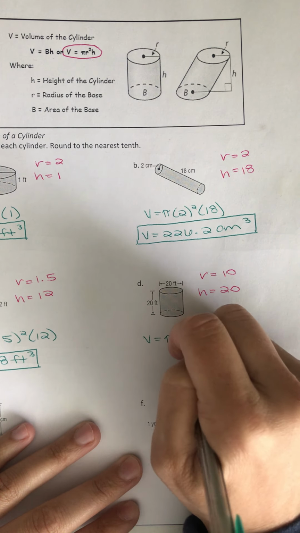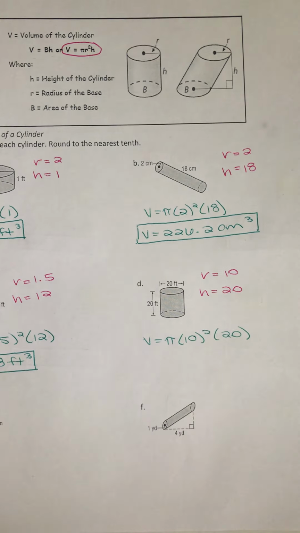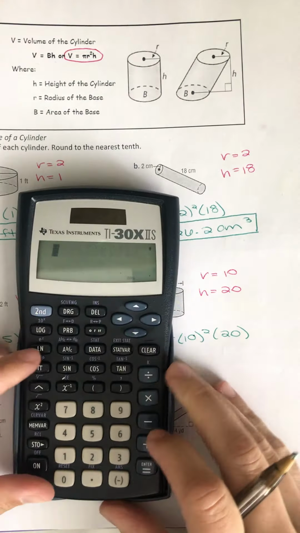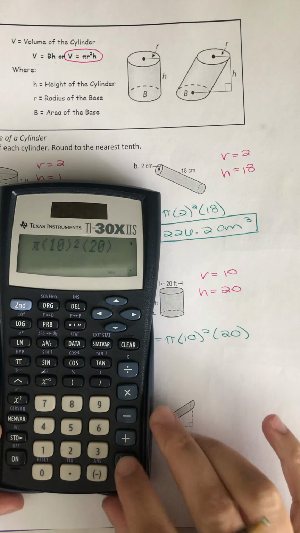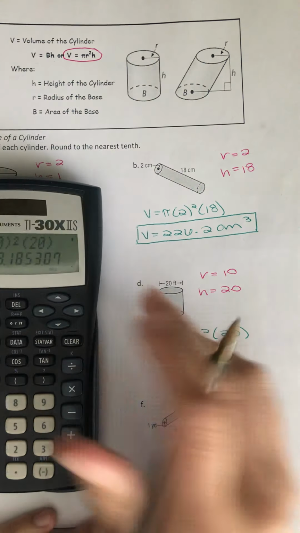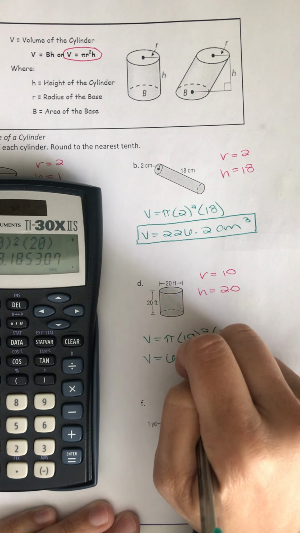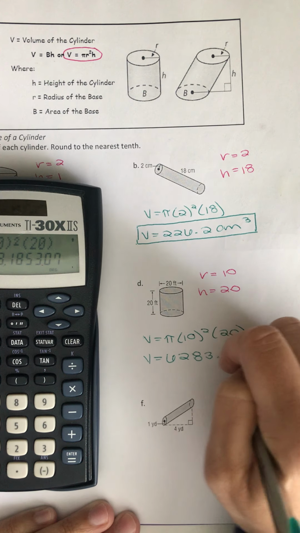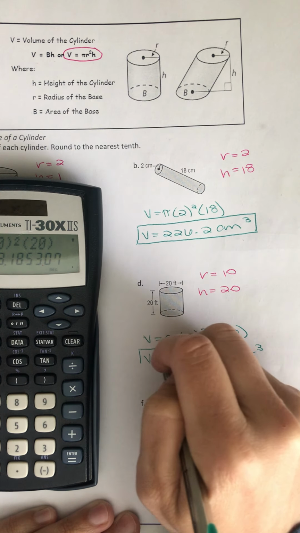Volume equals pi 10 squared times 20. My answer is about 6,283.2. Feet cubed.